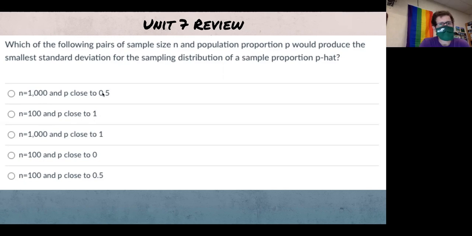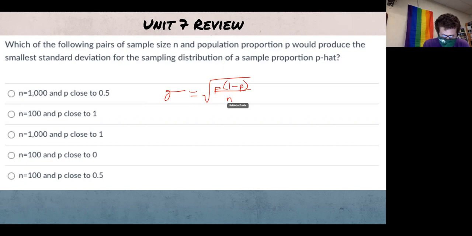It turns out the closer you are to 0.5, the bigger the value on top is. So if we just look at this again, the standard deviation is going to be the square root of p times 1 minus p divided by n.